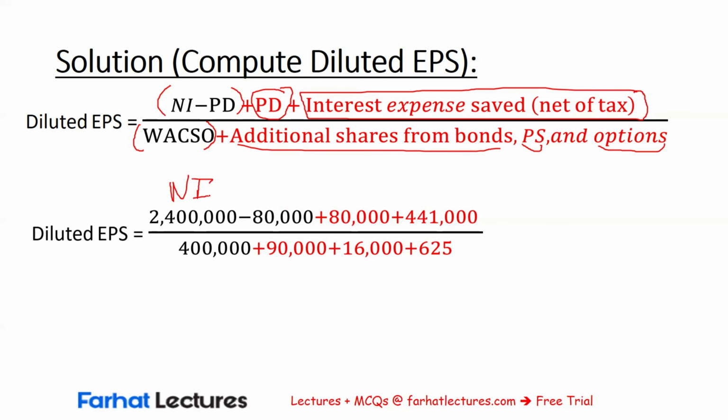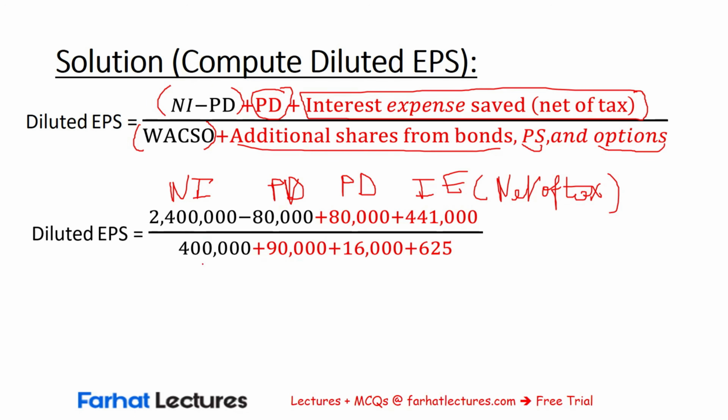This is the net income minus the preferred dividends of 80,000. We add back those preferred dividends because they're going to be avoided if the preferred shares are converted, plus the interest expense that's going to be saved, also net of tax, remember. So interest expense, always remember that it is net of tax. And these are the changes to our numerator.